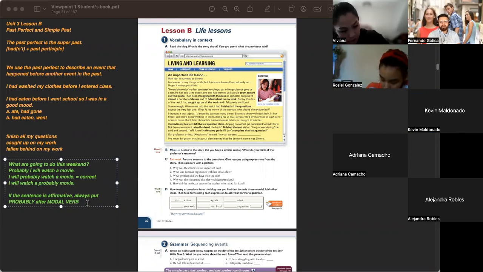No, not probably. The lesson that you're talking about, where we can put it at the beginning or at the end, those are time expressions, like usually, in the morning, at night. Probably is not a time expression. Okay.